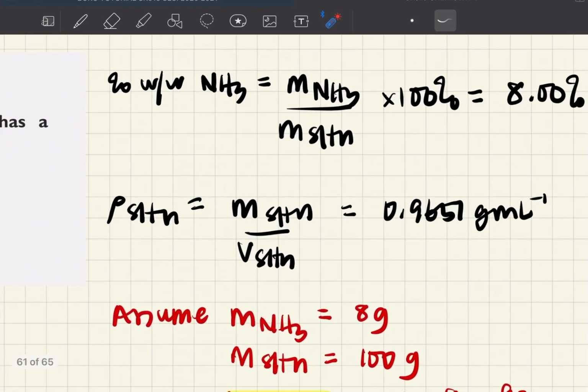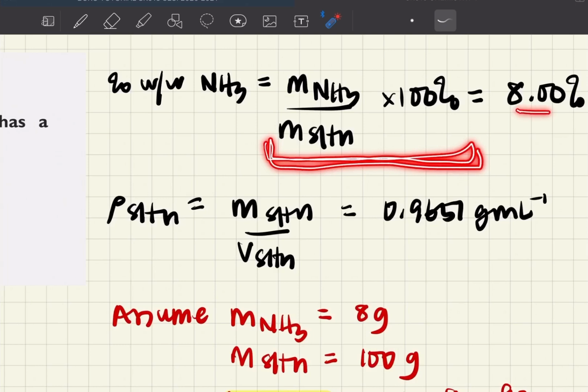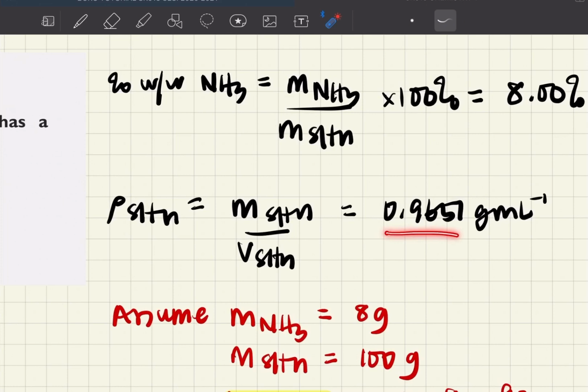Okay, so what is given in the question is the percentage by mass of NH3. So expand the formula, okay, and then you put your value of 8%, and then we have the density of solution, mass over volume, equals 0.9651 grams per mL.